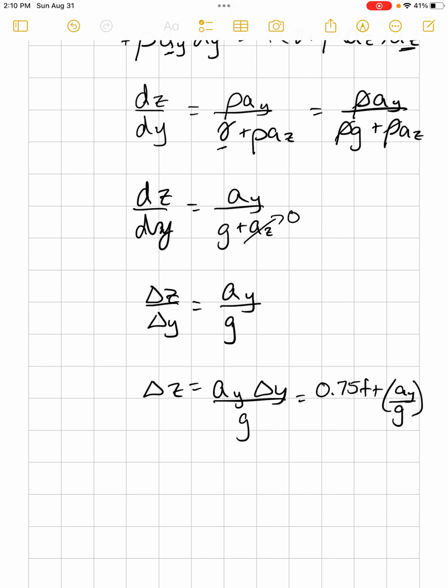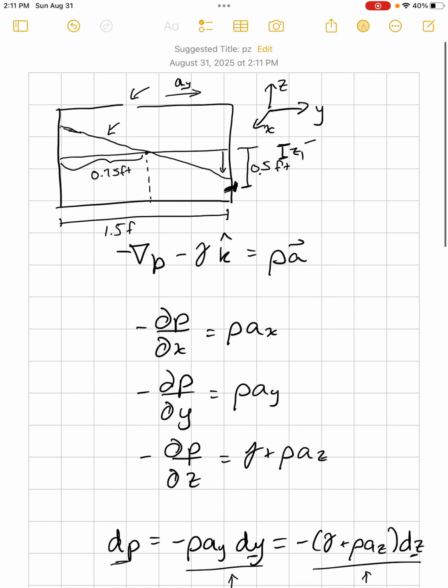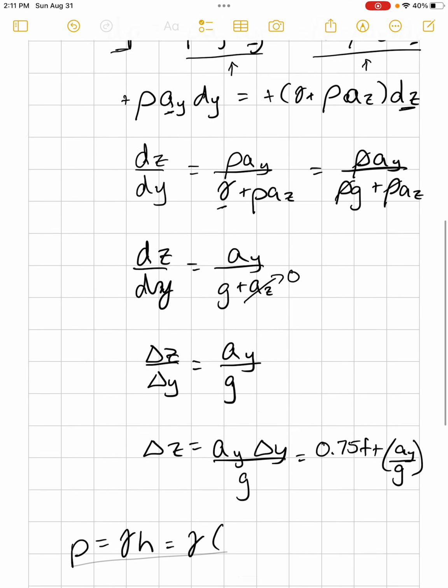Now we want to think about the pressure here. So how much is the pressure that the transducer experiences based on this change in height, right? So the pressure at the transducer is going to be gamma h, right? Well, in this case, that means it's going to be gamma times the difference between that delta z, which we talked about here, and that's 0.5 feet.